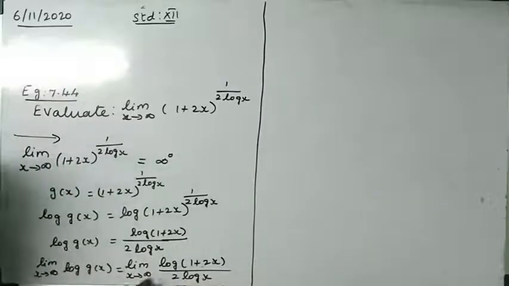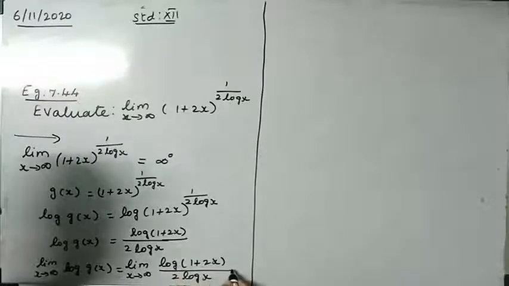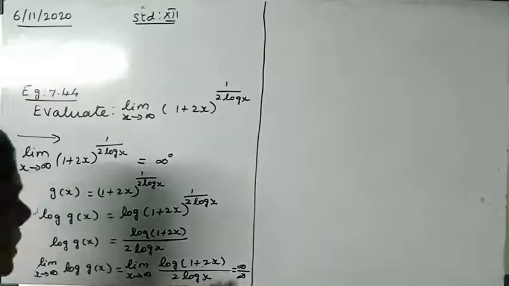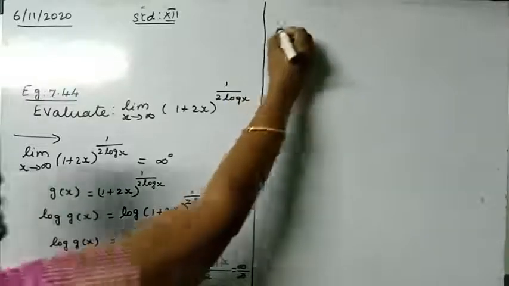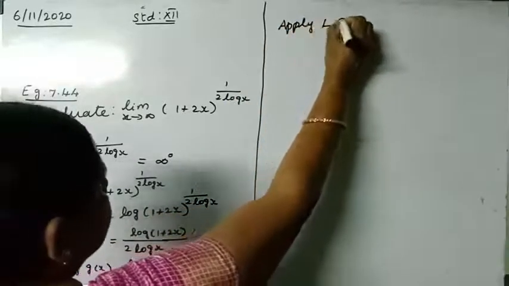So if I substitute here, 1 plus infinity is infinity, so log infinity is infinity, which is infinity by infinity form. So log infinity is infinity. So once again, when infinity by infinity comes, we can apply L'Hopital rule. So apply LH rule.